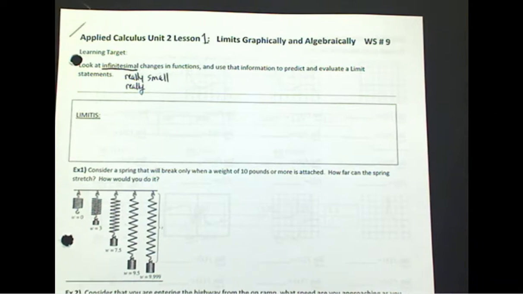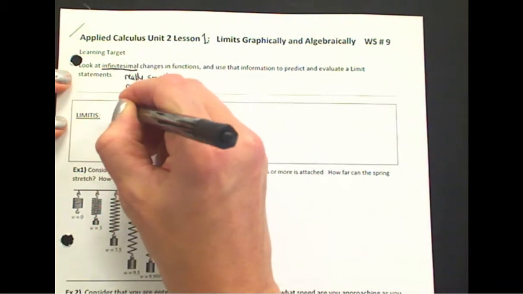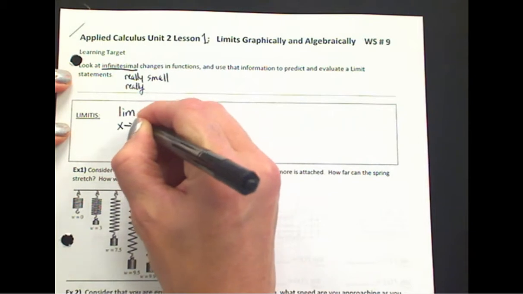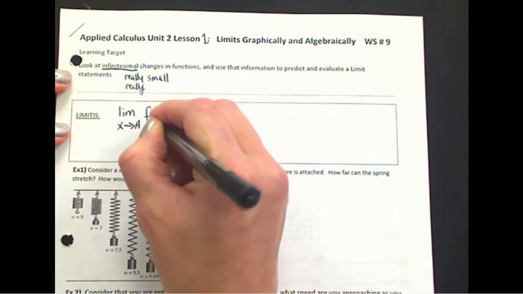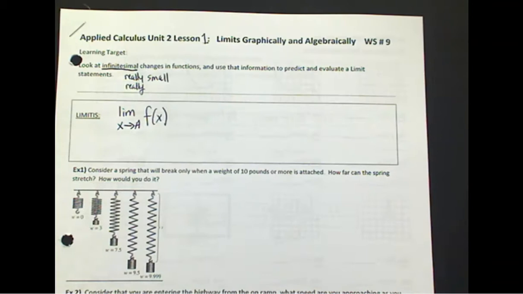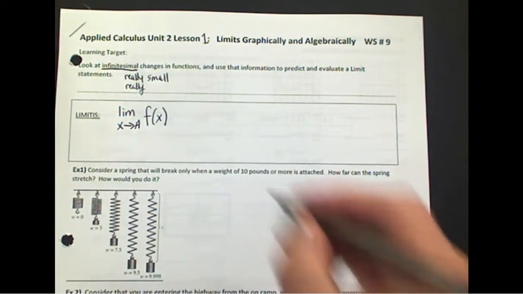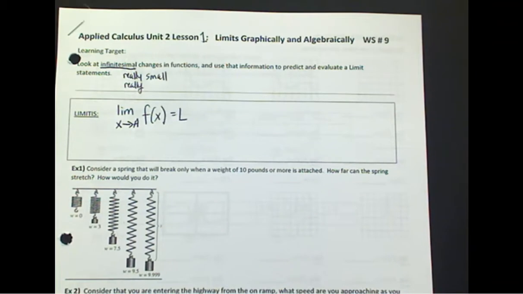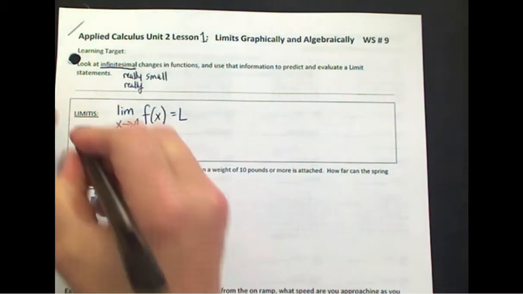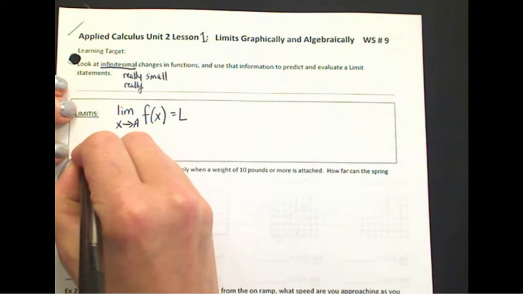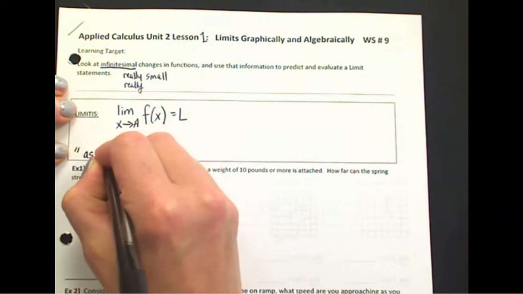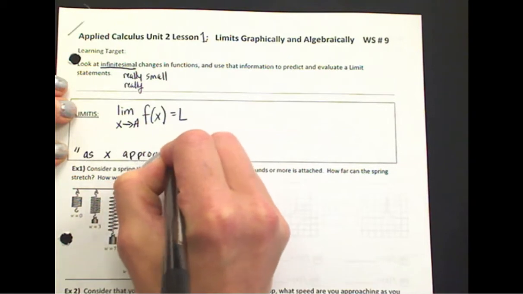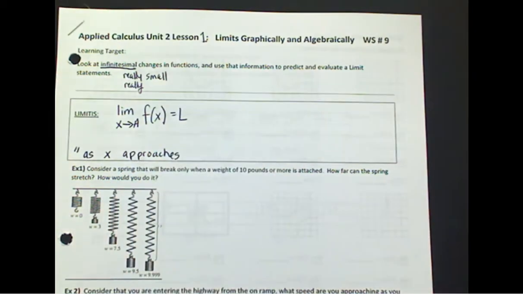Okay? So we're going to look at the notation, the limit, and we'll translate it. Okay, so that's your limit statement. And we're going to write this sentence as x approaches.